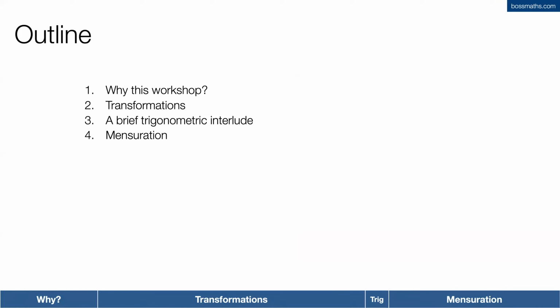At this point, I won't always use examples from geometry, but that's just a brief overview at the beginning. And then we'll move on. We'll spend the bulk of the workshop looking at transformations. We'll have a very brief look at trigonometry, and then finally some thoughts on perimeter, area, volume, that kind of thing. I hope it will prove quite practical with some easy to take away ideas for you if you like the sound of any of them.